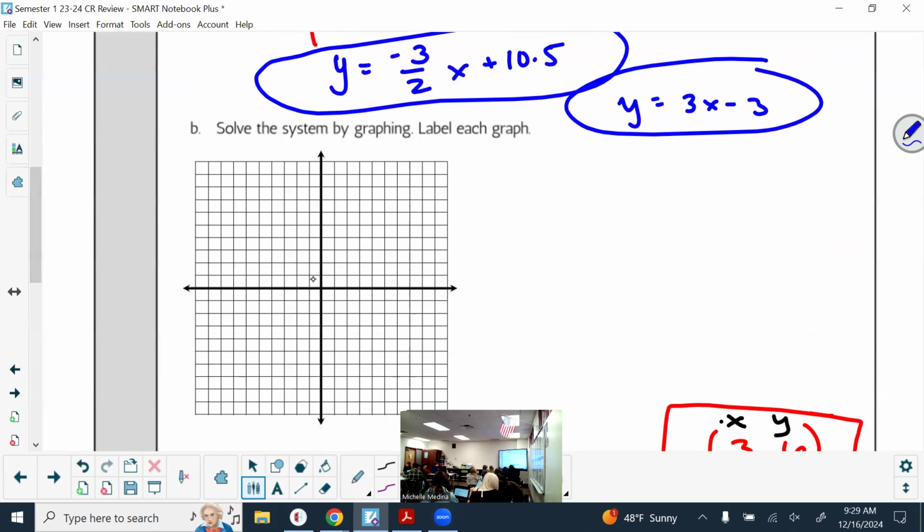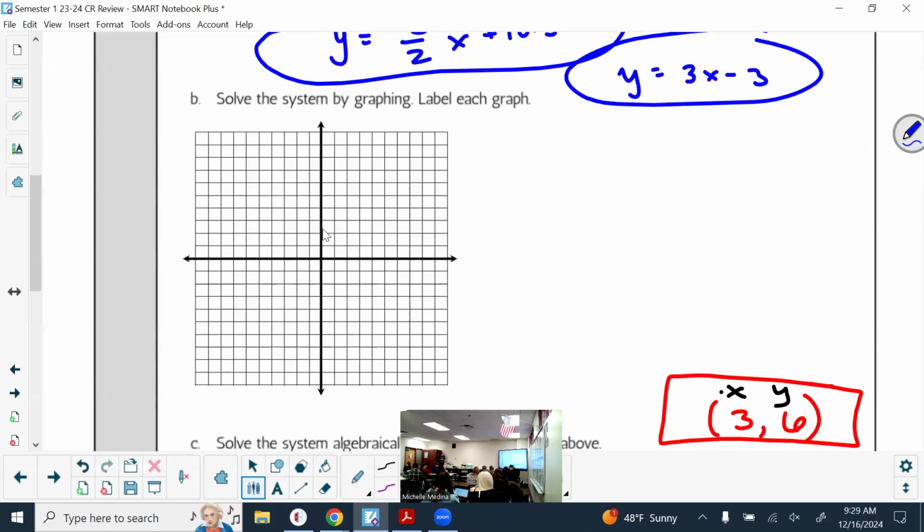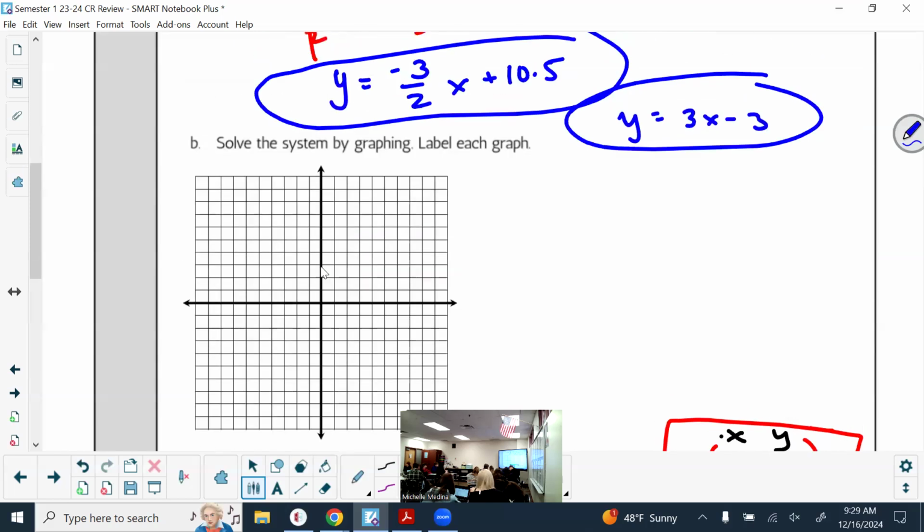So I'm going to find where 10.5 is. I don't even know if I have enough on here, but let me try. 1, 2, 3, 4, 5, 6, 7, 8, 9, 10. So it would be just a little bit off the graph for the y-intercept. It shouldn't be like that on your final tomorrow. But I'm at 10.5.